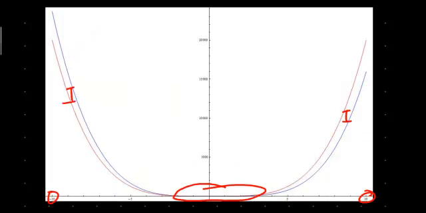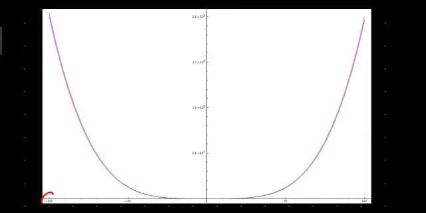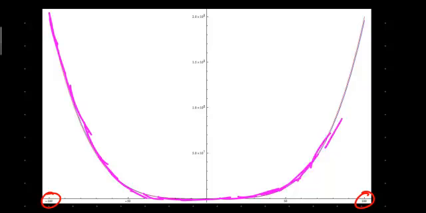Okay? So now from -10 to 10. But now I changed my domain from -100 to 100. And you see here that they start to just look like the same graph. That is, red and blue makes purple. And if you zoom out far enough, they start to look like the exact same graph.